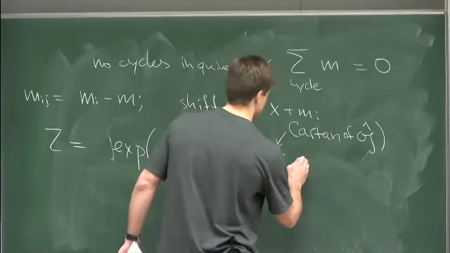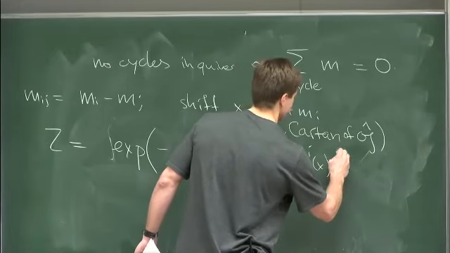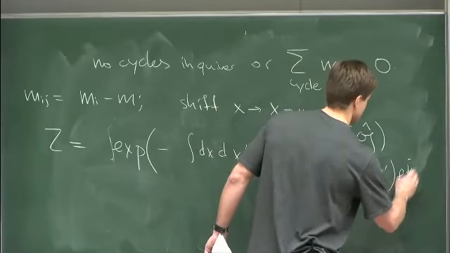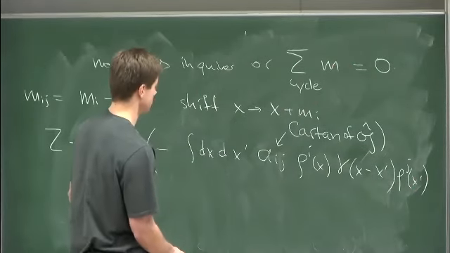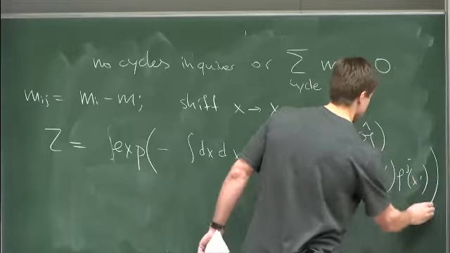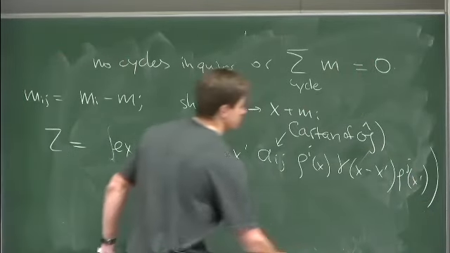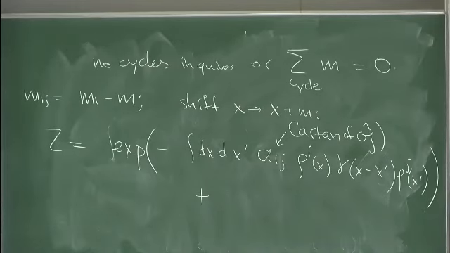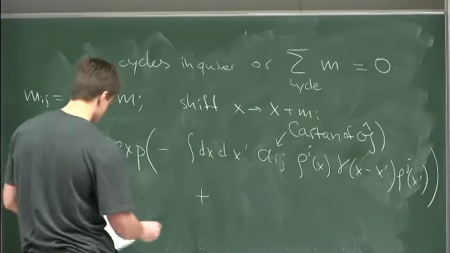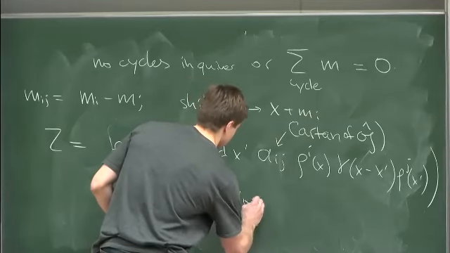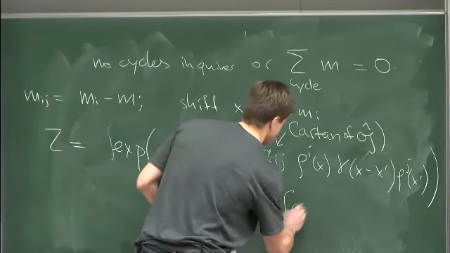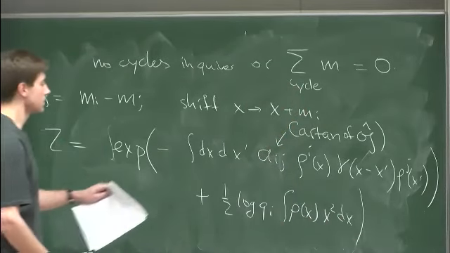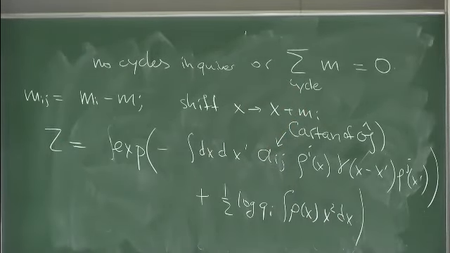And then it's simply rho i of x, the kernel gamma of x minus x prime, rho j of x prime, and that's it. And plus the term which counts instantons, that one, x squared rho of x dx, so plus 1/2 logarithm q_i integral of x squared rho of x dx. So that's the effective action in terms of densities.